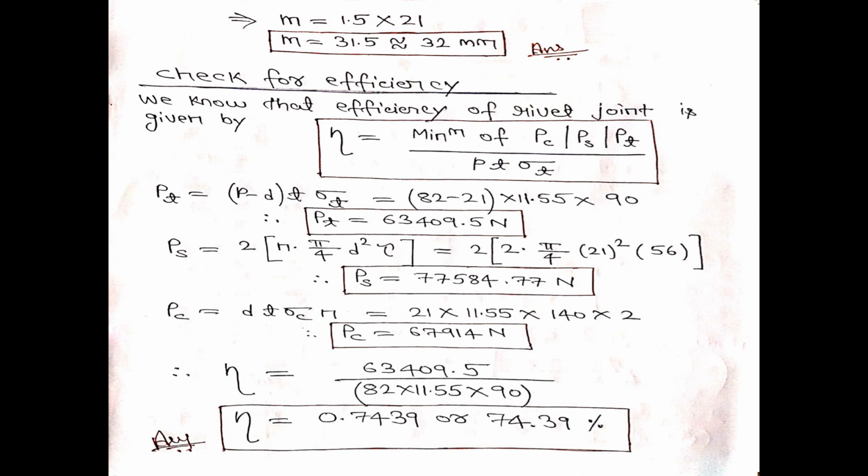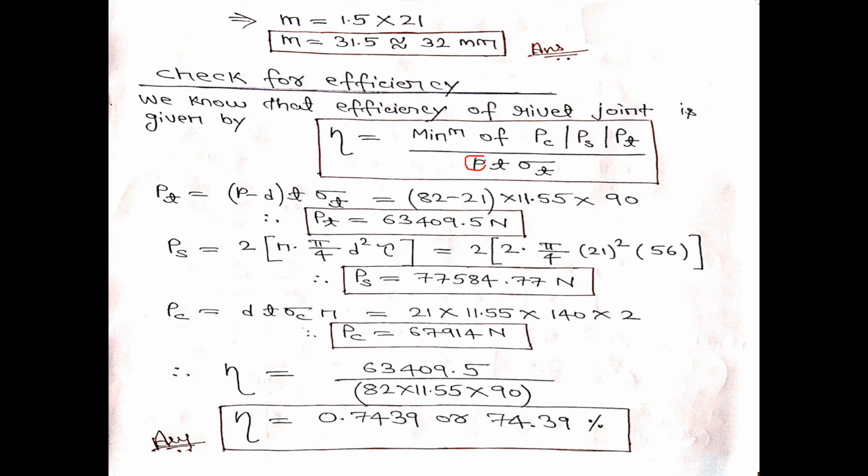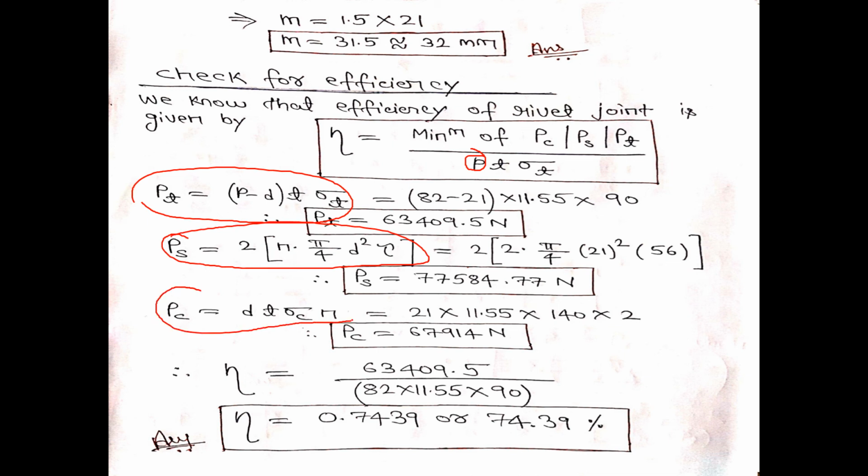either PC or PT or PS divided by P times T times sigma T, where P is the pitch of the rivet. PT, you know the equation. PS also the equation you know, and PC also the equation you know. You use these three equations and get the values of PT, PS and PC.